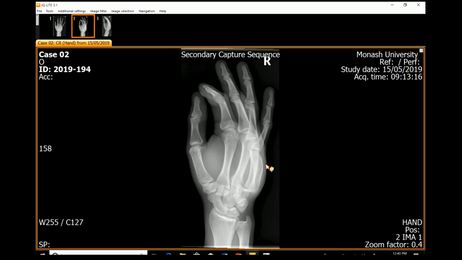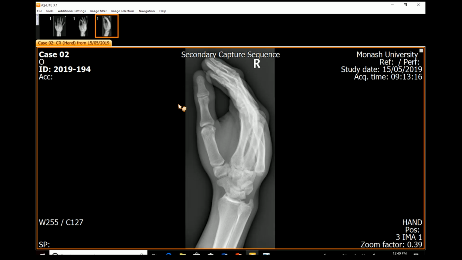But when we look at the oblique, and especially down here at the carpometacarpal phalangeal joint, we can see that there is dislocation of the fourth and the fifth, and this becomes more apparent on the lateral view as well.